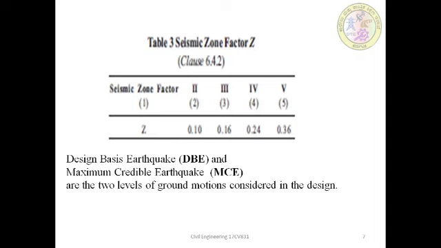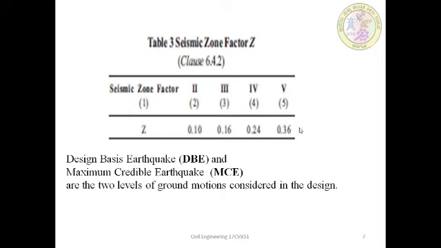Now here we have to see a few important things: the design basis earthquake and the maximum credible earthquake. The design basis earthquake is called DBE, and the maximum credible earthquake is called MCE. These are the two levels of ground motion considered in the design.